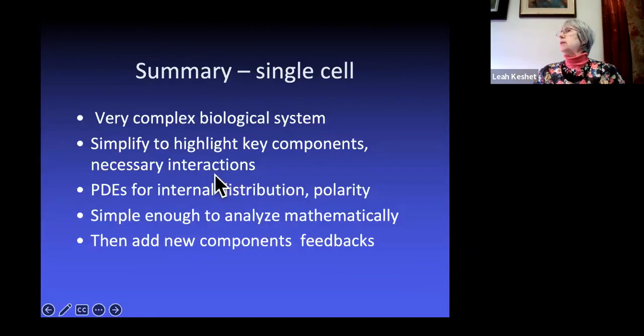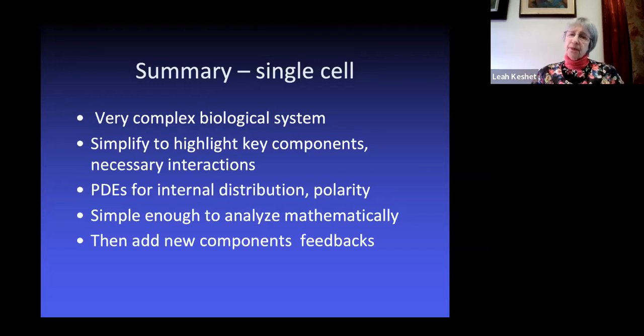Okay, I'm basically out of time. So let me just summarize very briefly that as far as single cells, I hope I've persuaded you that starting from a very complicated biological system, we simplified it greatly to be able to highlight some of the key components and necessary interactions that allowed for internal cell polarization to take place.